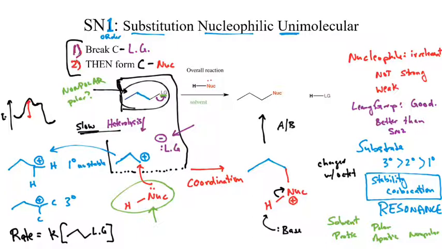But we do have to evaluate what's happening in that first step. It's not just that I have these things present. I also have to be able to form the products of that first step. If we take a look at those products, those are exceptionally polar. We're getting a carbocation and an anion in our leaving group.